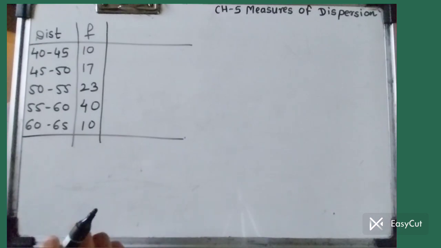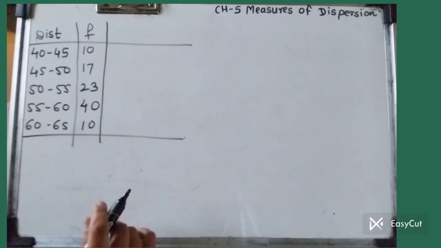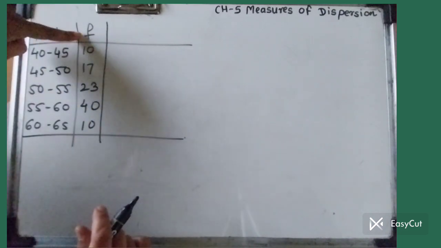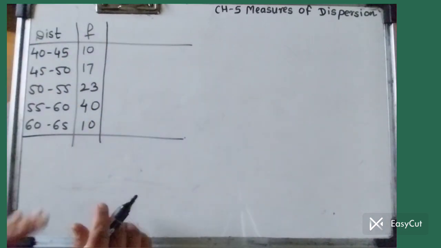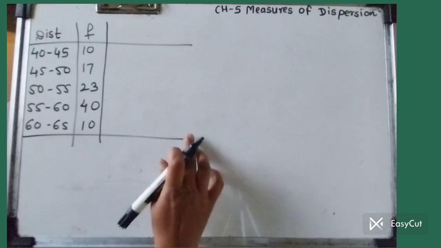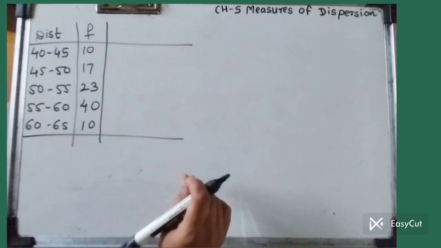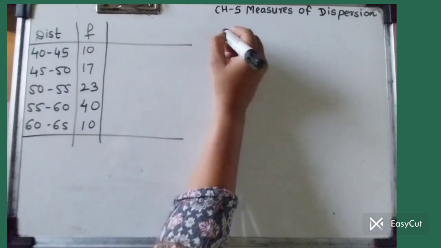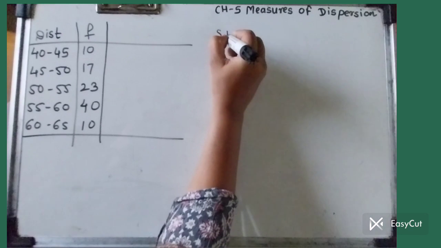This is my example. Distance means class interval, and frequency is given. Now we will solve this example by using the deviation method. What is the formula for the deviation method for the standard deviation?